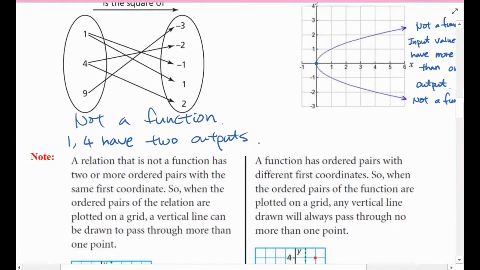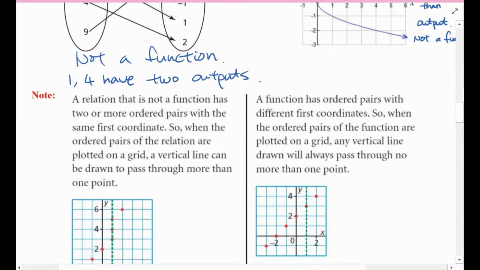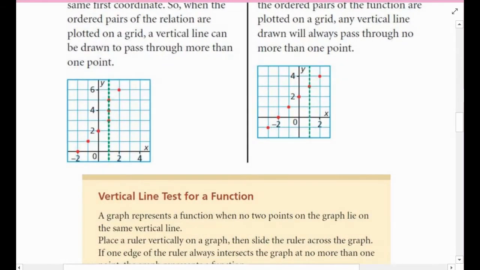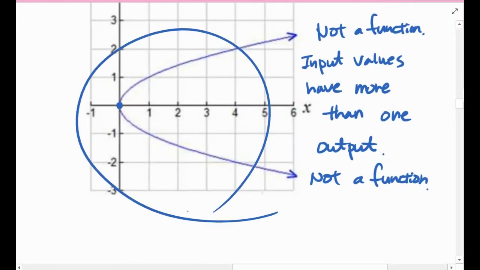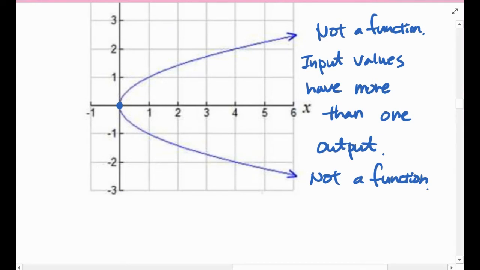Alright. So, we're going to learn the vertical line test for a function. If you look at this, we figured out this is not a function because each input value has more than 1 output.